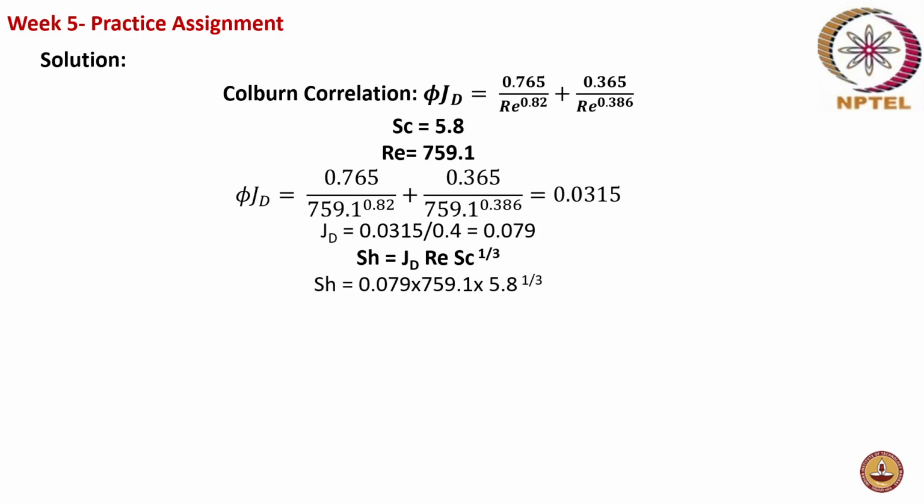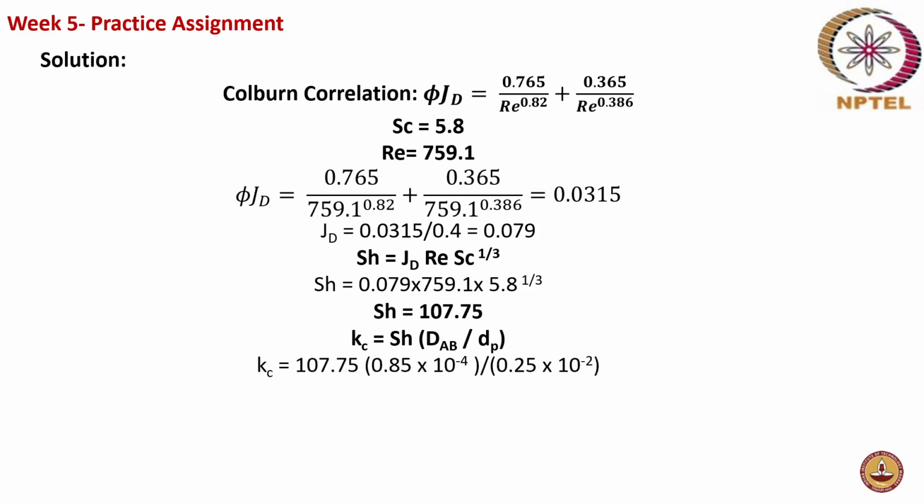So you will end up with Sherwood number as 107.75. And your mass transfer coefficient is Sherwood number into diffusivity divided by your particle diameter. So substituting that, you will end up with your mass transfer coefficient as 3.66 meter per second, right?